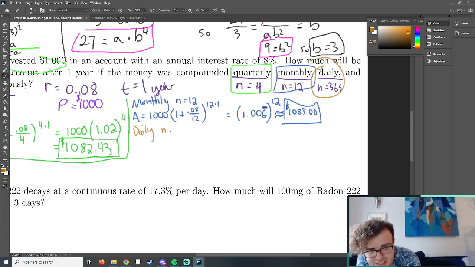So for daily, n is 365 and nothing else changes. So our final amount will equal our principal of 1,000 times 1 plus 0.08 over 365 to the 365 times 1 power.